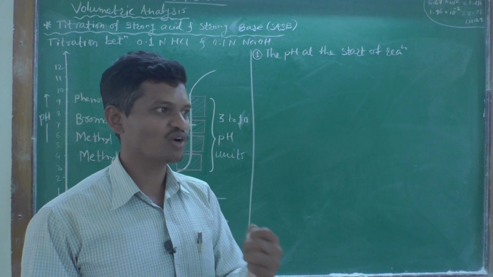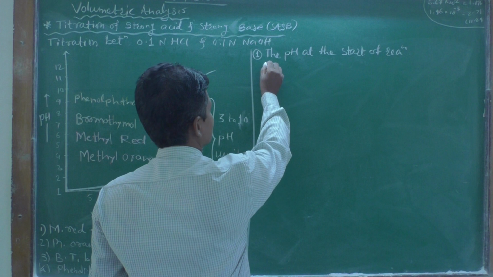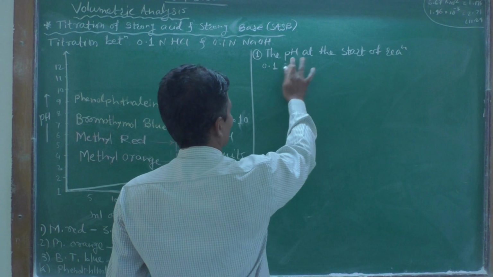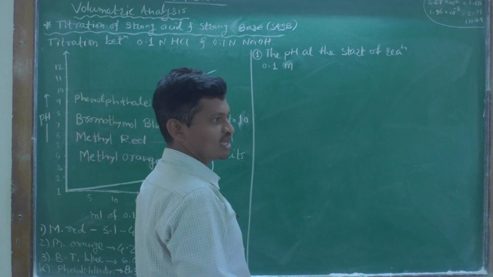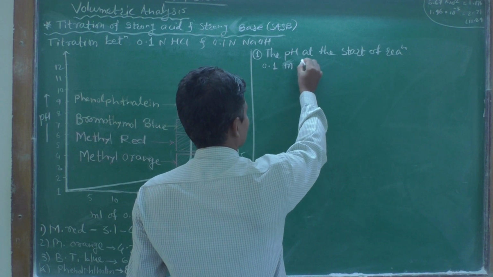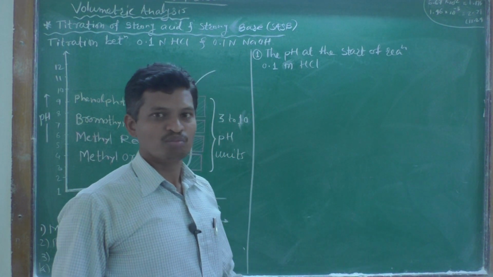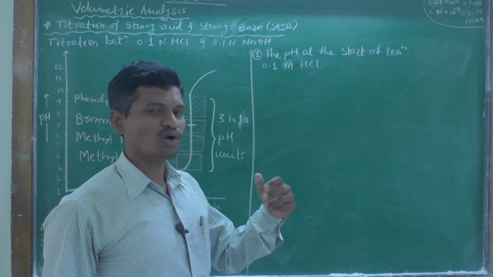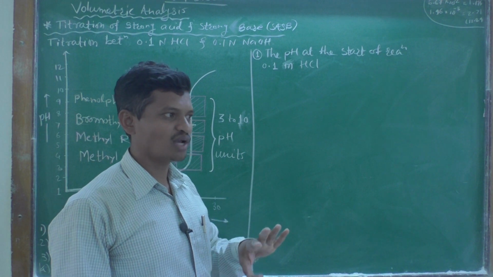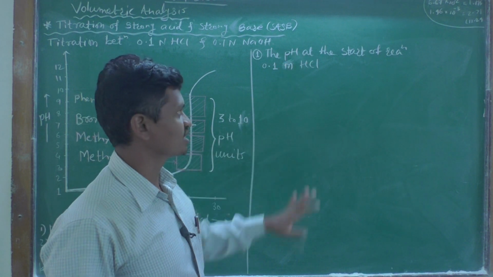Molarity and normality of HCl are the same here because it is a monobasic acid, 1 molar HCl solution. We have not added sodium hydroxide from the burette yet. So this is at the start of the reaction.